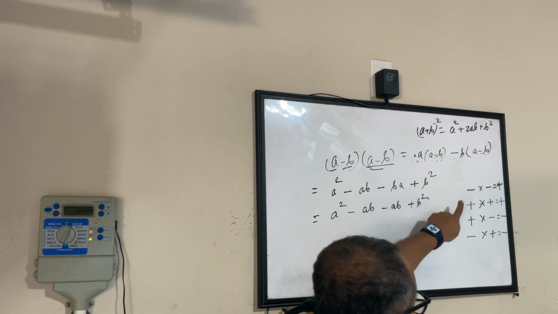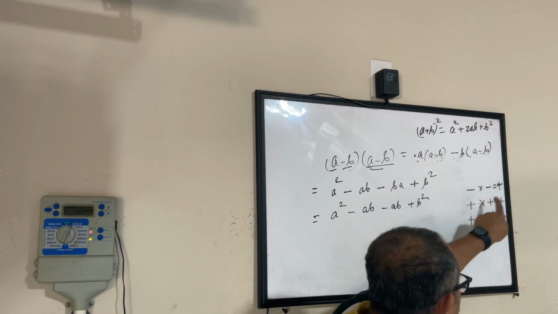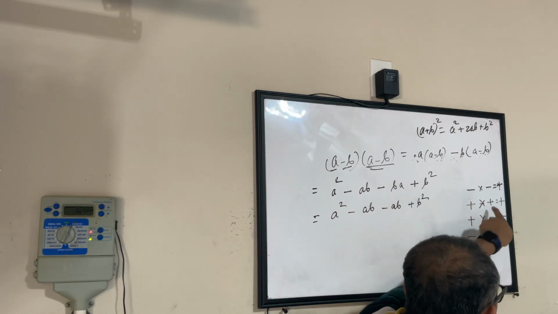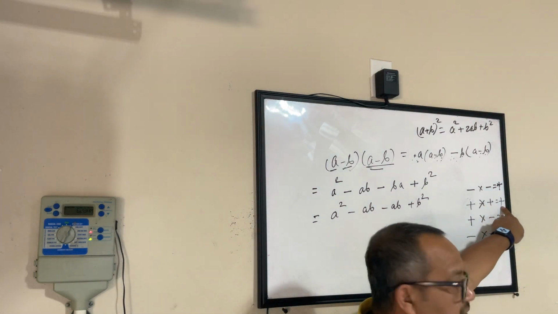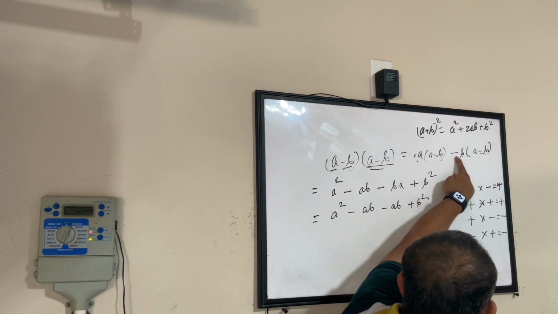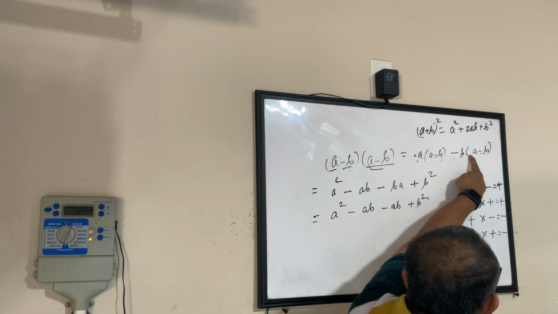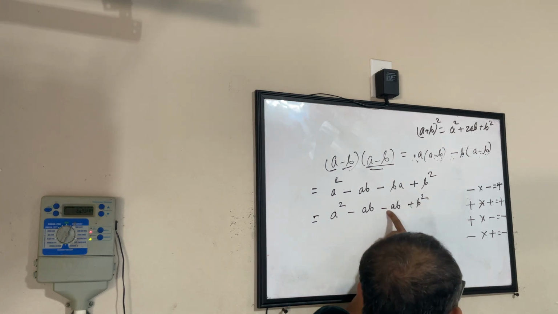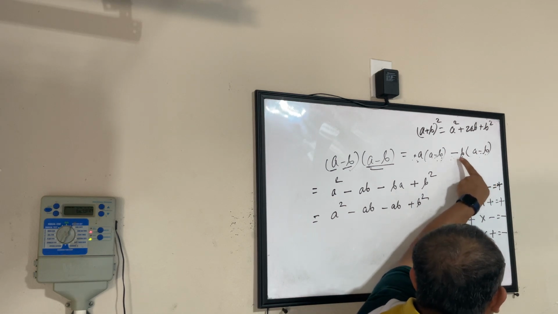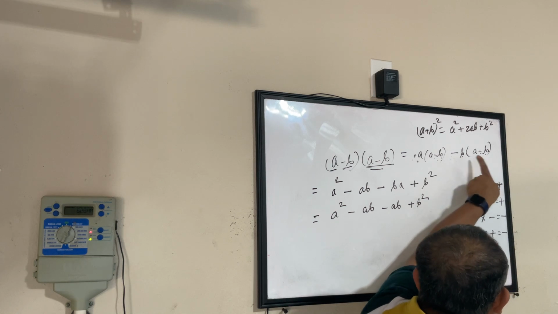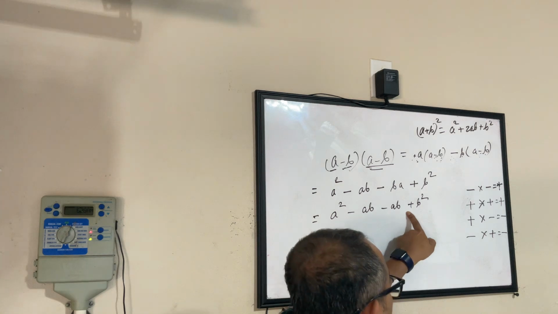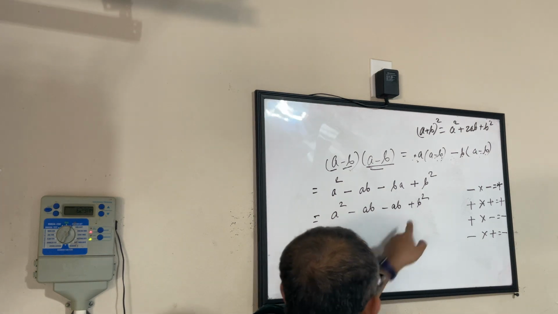When you're multiplying minus with a minus, you get a plus. When you're multiplying plus with a plus, you get a plus. Meaning when your signs are same, you get a plus. When your signs are different, you get a minus. So here, look at this guy. These two have different signs. You get a minus, minus AB. These two have same signs. When you're multiplying them, B into B becomes B square and your sign remains positive. So some of you who got negative, just be careful with that.